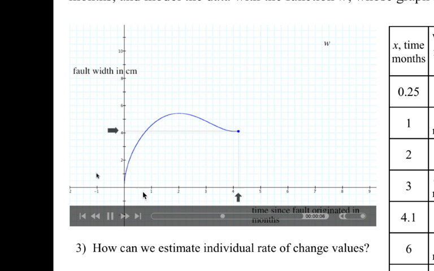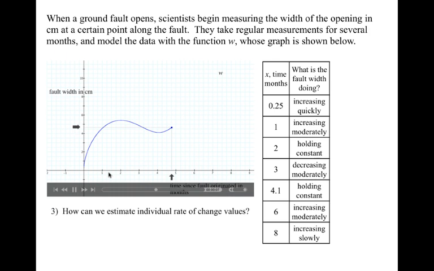The grid lines for x are 0.25 months, and the grid lines for y are half a centimeter. So every grid line is 0.25 months horizontally, and vertically it looks like half a centimeter. So estimate the rate of change at 1 month.